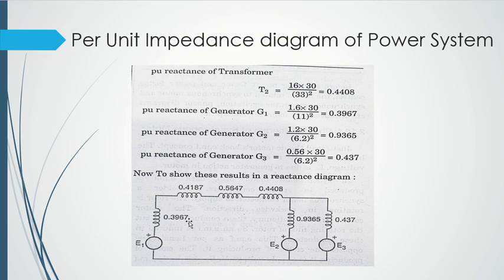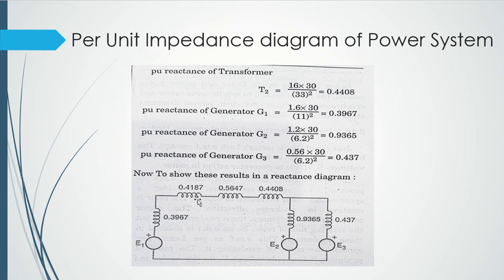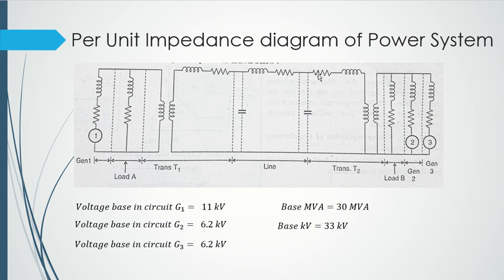So what was the per unit reactance of the transmission line? It was 0.5647. So we will mention 0.5647 over here.